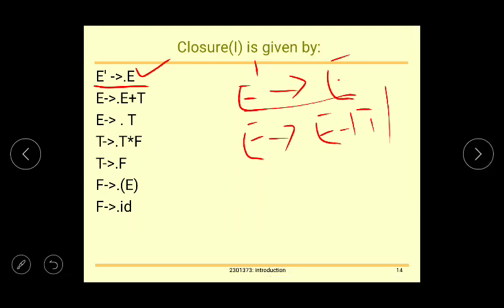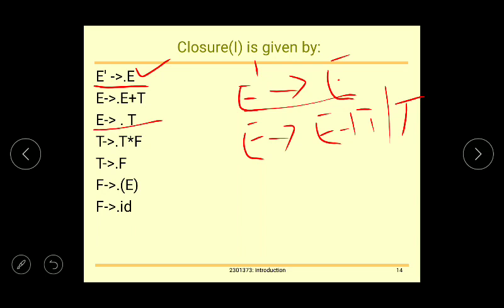We have two productions from E, that is E plus T as well as T. Now add E plus T and T with the help of dot. So it becomes E gives dot E plus T and E gives dot T.